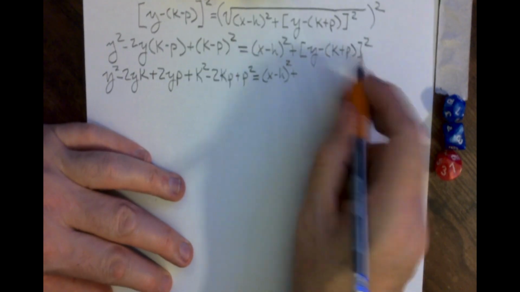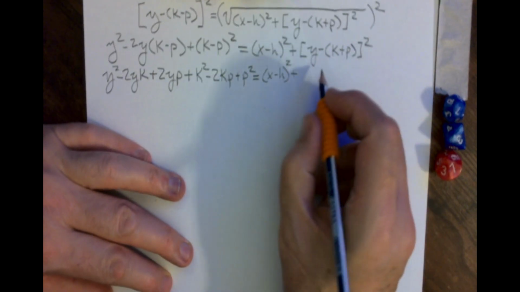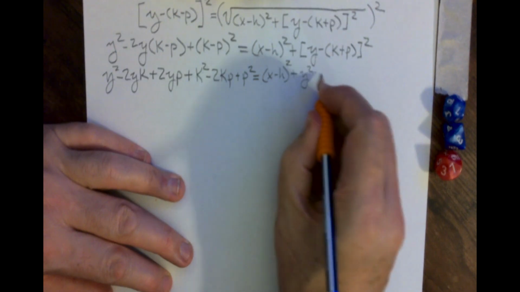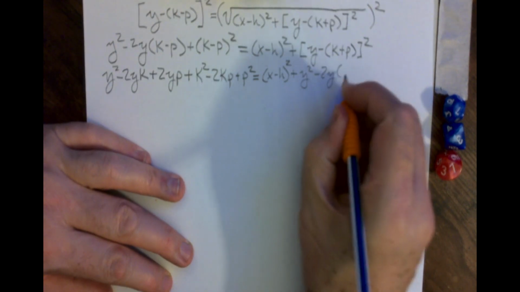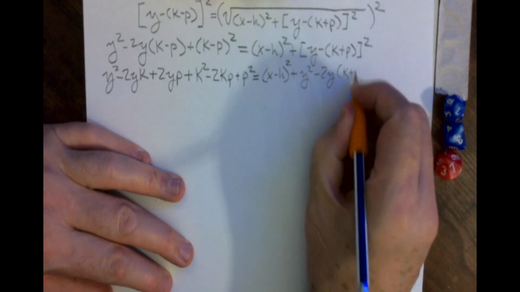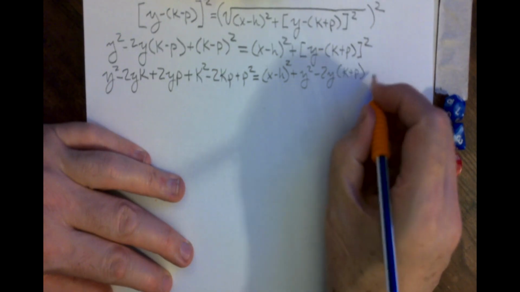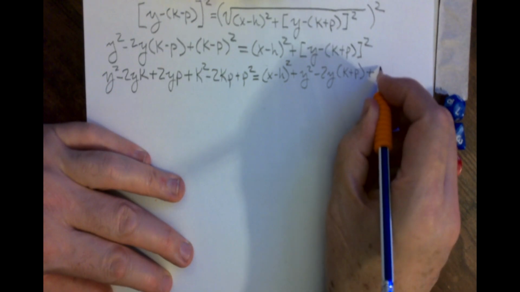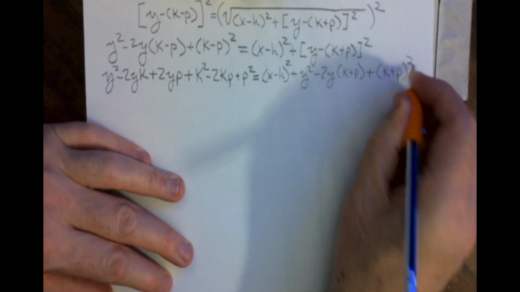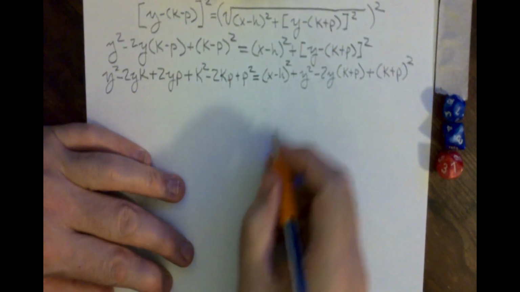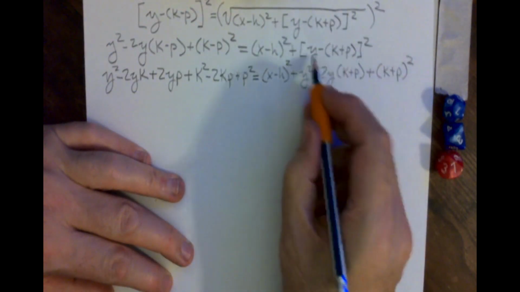We're going to FOIL with itself here. So we're going to have y squared minus 2y(k plus p) plus (k plus p) squared. That's foiling with itself.